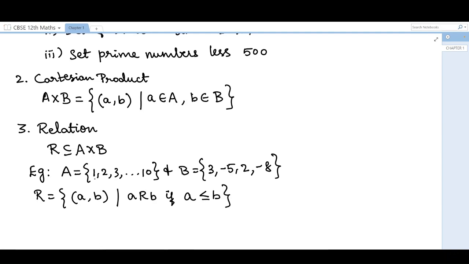So if the element of A is less than or equal to the element of B, then the ordered pair (a, b) will be included in the set R.